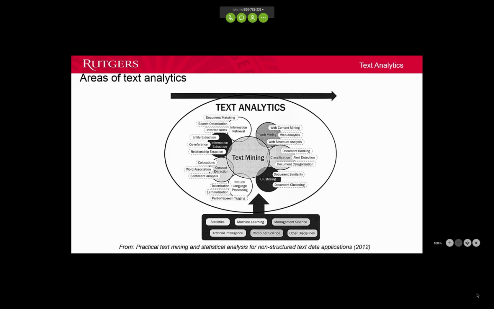For example, there is this idea of information retrieval. And information retrieval is something you use every day when you do Google searches, right? Google takes your input string and matches it to these web pages that have been indexed, and you get instantaneous results.